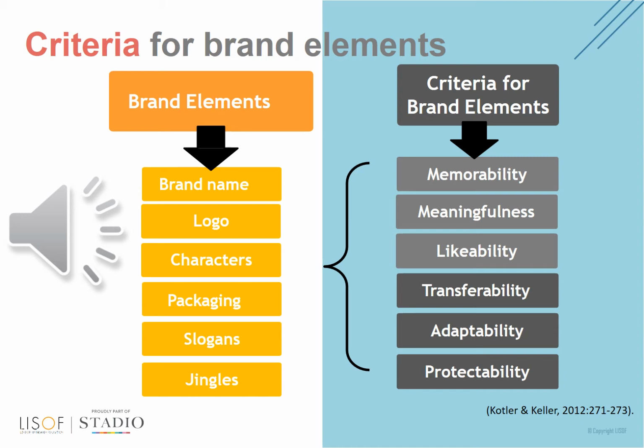So if we, for example, take our Nike tick and we put it on a different product, then the customers must be able to transfer their understanding of the Nike brand to this different type of product. Then adaptability, meaning we are able to adapt our brand elements to current times and changing environment. And then protectability, meaning we are able to protect our brand elements.